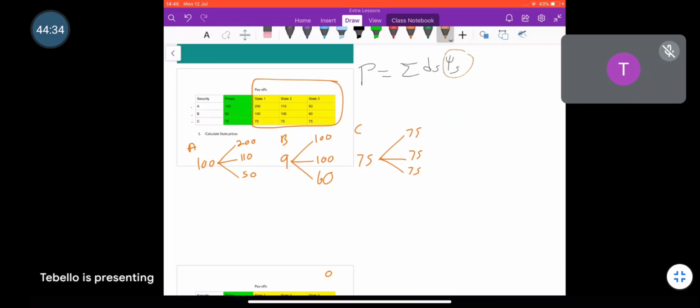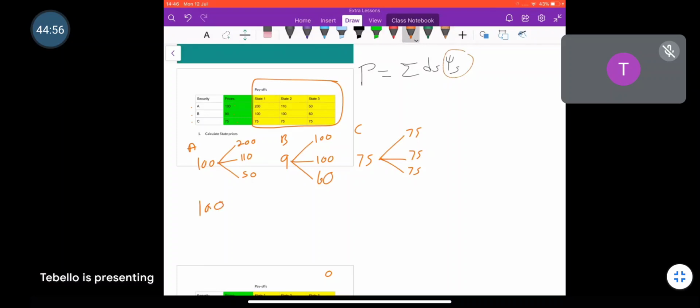If they give you 4 assets and 4 states, it's a complete market. If they gave you 5 assets and 5 states, it's a complete market. So now you have 3 assets and 3 states. So this is a complete market.